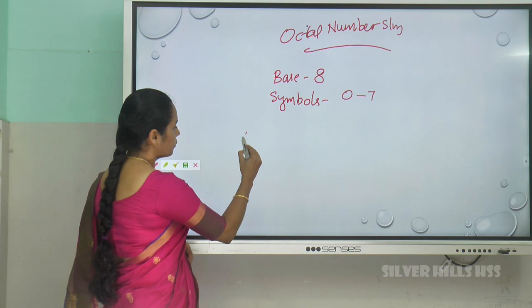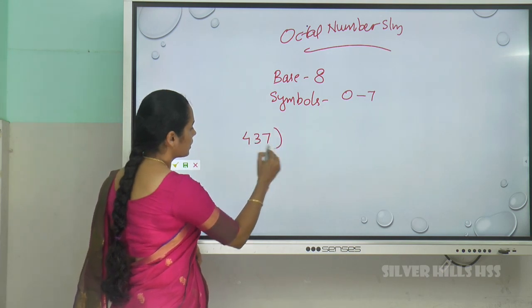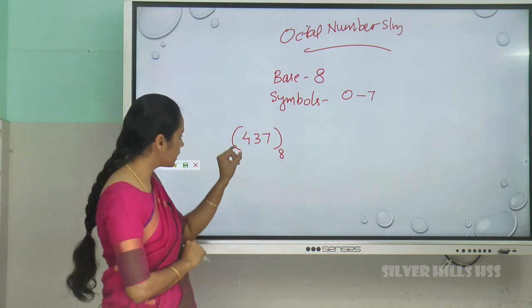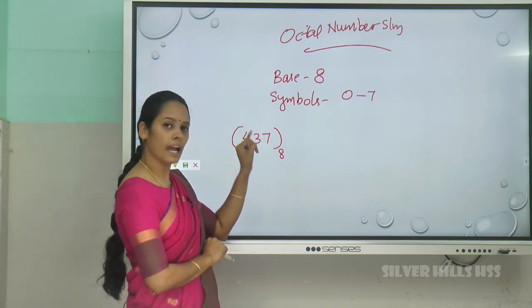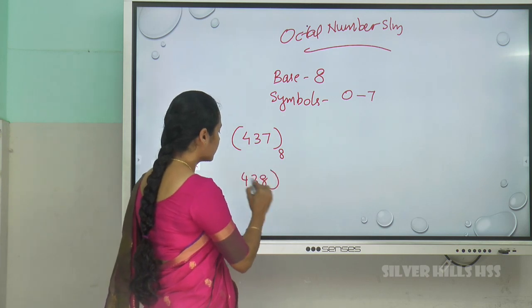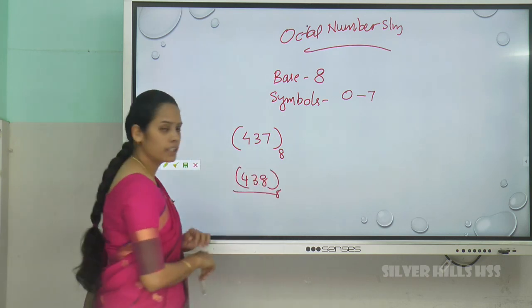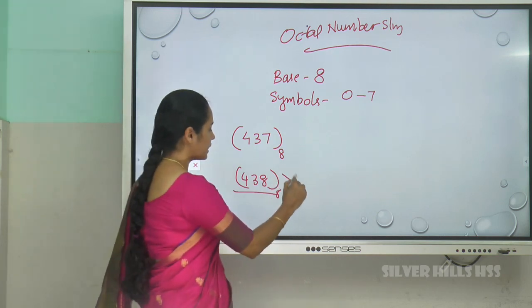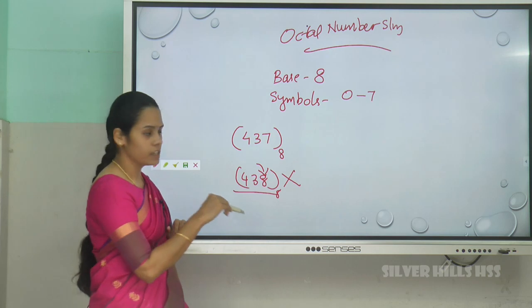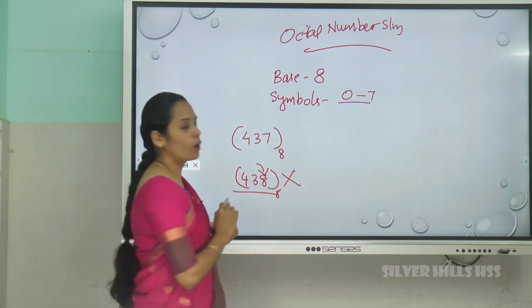For example, if I am writing 437 base 8, it's an octal number and it is using the symbols 4, 3 and 7. Then if you are writing 438, is it considered an octal number? No, we can't say that this is an octal number because it is using the symbol 8, and the symbol 8 is not there in the octal number system.